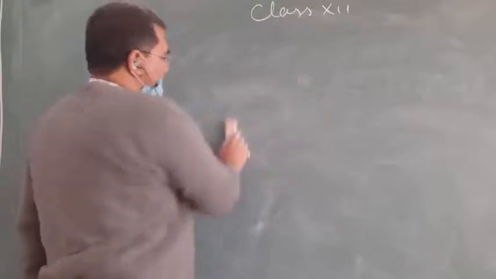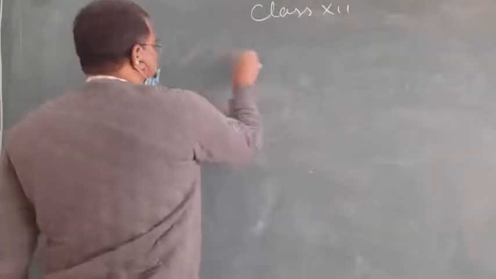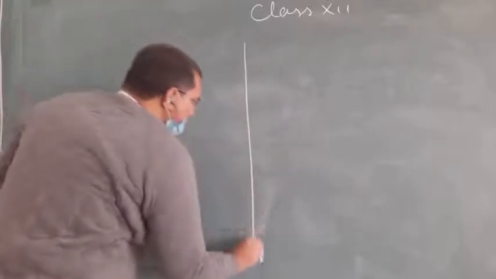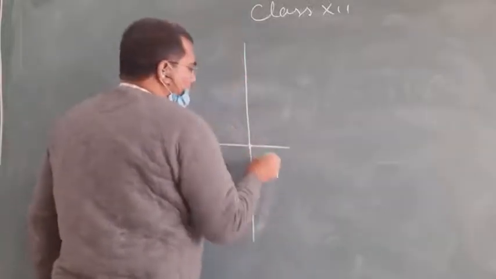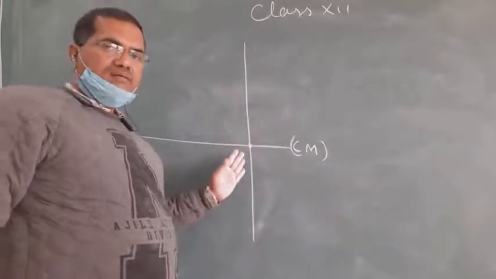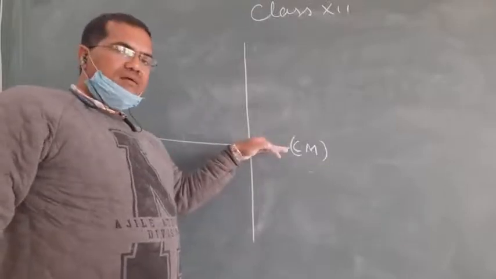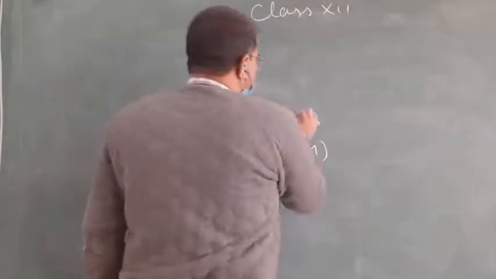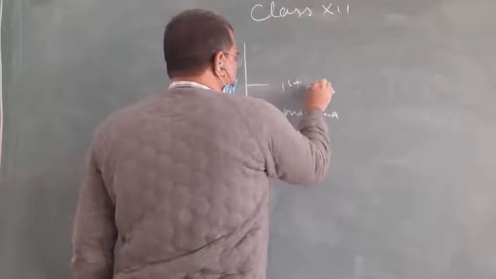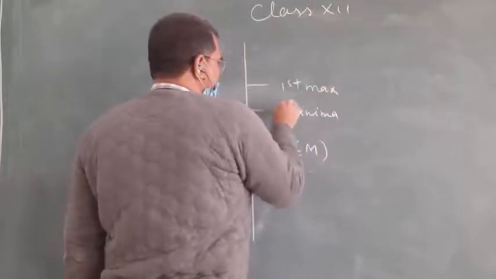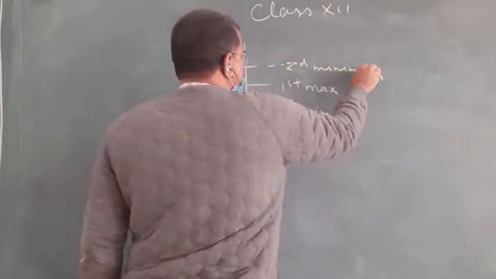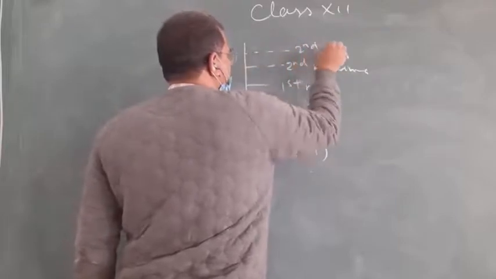Suppose there is a question. As we know, this is the central maximum, and in the interference pattern, after the central maxima there would be a minimum. First minimum, then first secondary maximum, then second minimum, then secondary maximum.